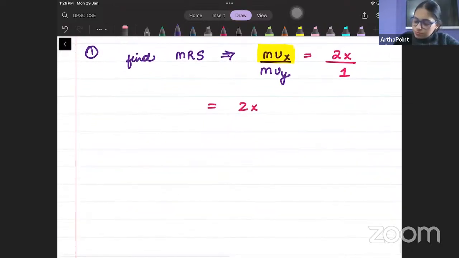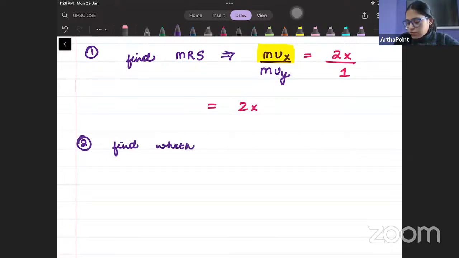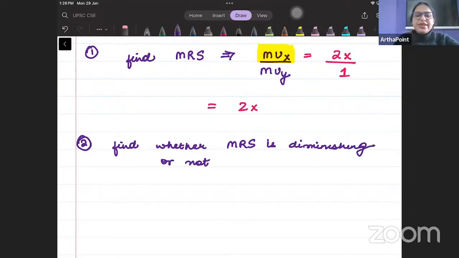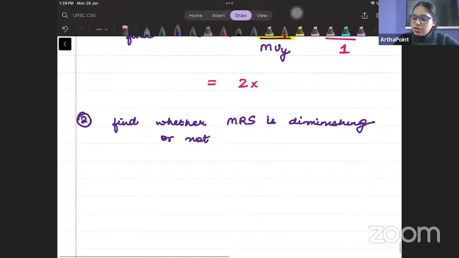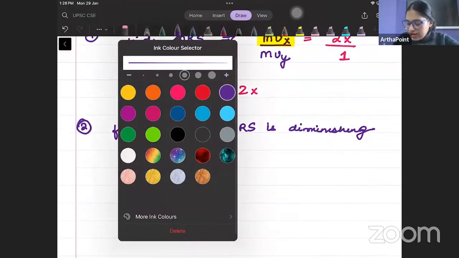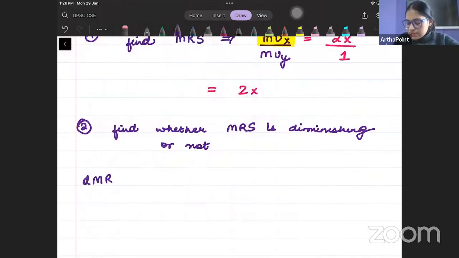Step 2. Find whether MRS is diminishing or not. बेटा कैसे चेक कर सकते हैं MRS is diminishing or not? You will go ahead and differentiate MRS with respect to x.